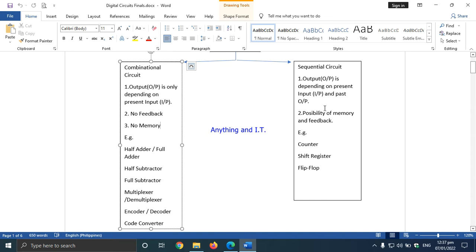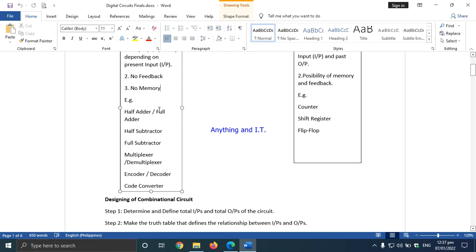Kasi nga, kailangan natin yung past output which is stored in our memory or which is being feedback pabalik doon sa ating sequential circuit.